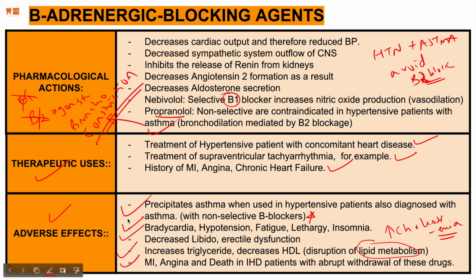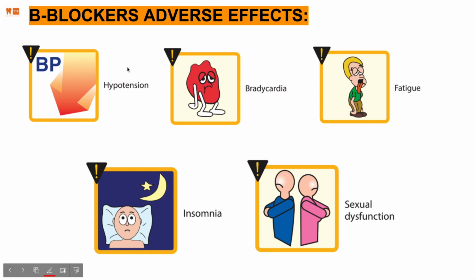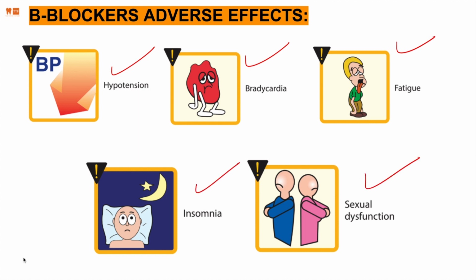So beta blockers can precipitate MI, angina, and death in IHD patients that have abrupt withdrawal. So if you're withdrawing beta blockers, we need to taper the dose. Taper the dose slowly, gradually. So what are the side effects of beta blockers? We got hypotension, bradycardia, fatigue, sexual dysfunction, insomnia.